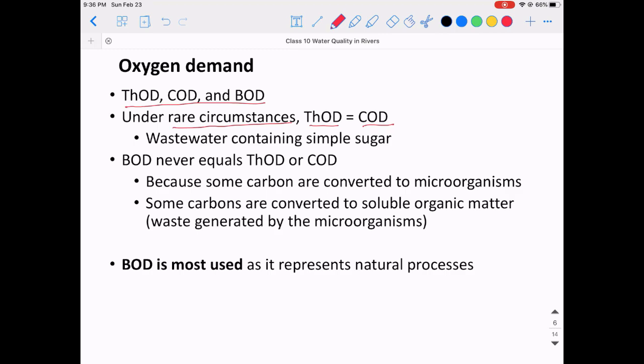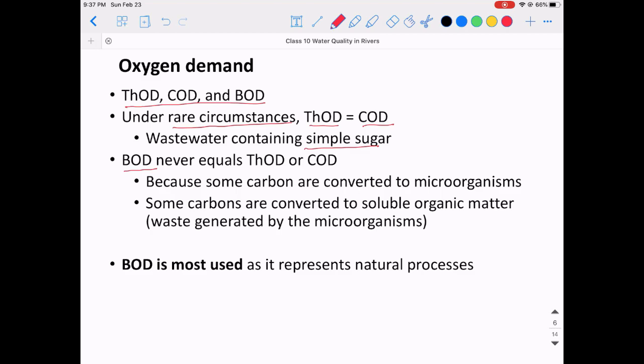This is only when the wastewater contains very simple organic matter, for example, simple sugar such as glucose, or glucose plus some other very well-known sugar types. Under these conditions, the theoretical oxygen demand is going to be equal to the COD. But under most circumstances, they are not equal.